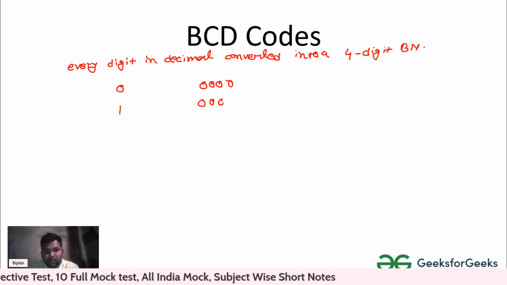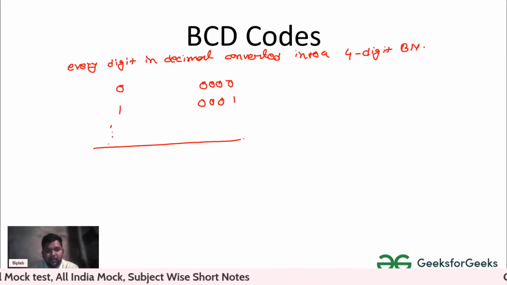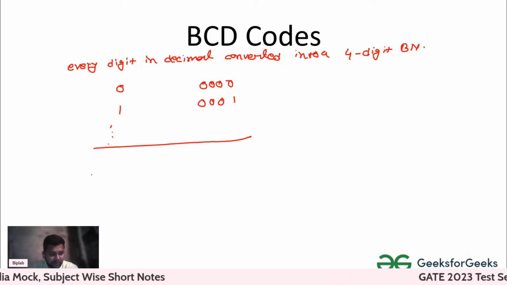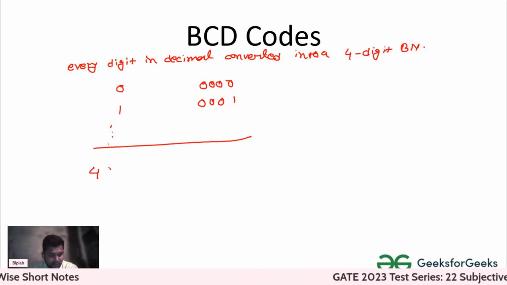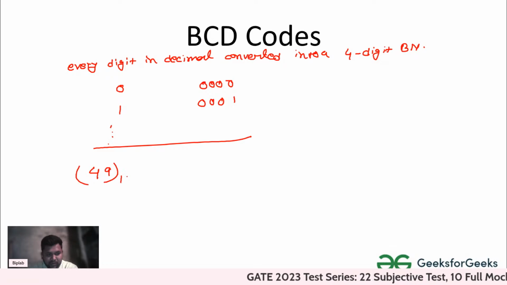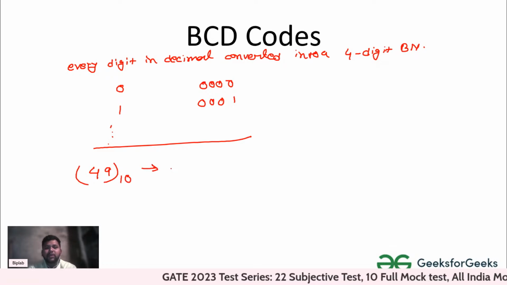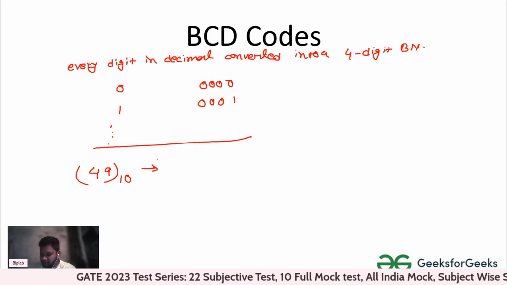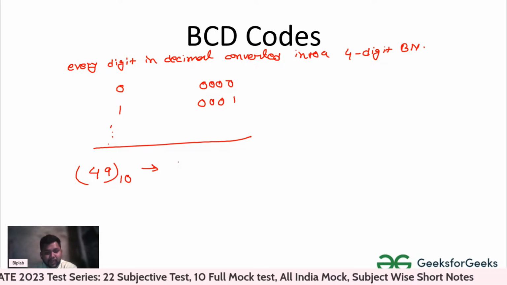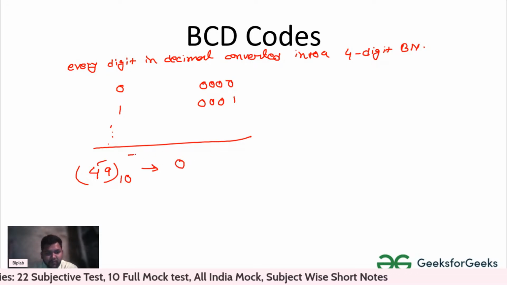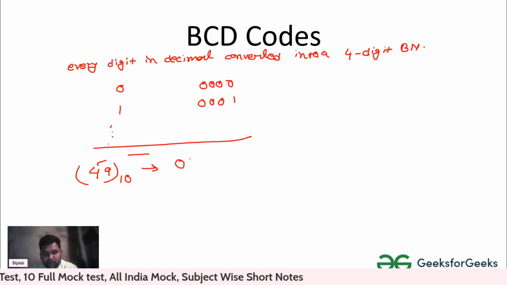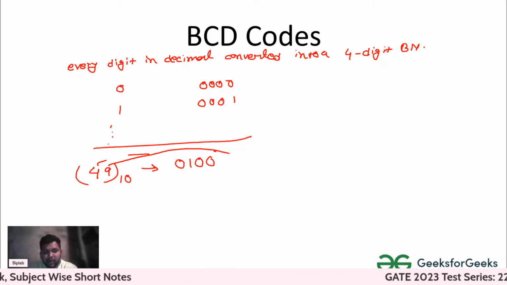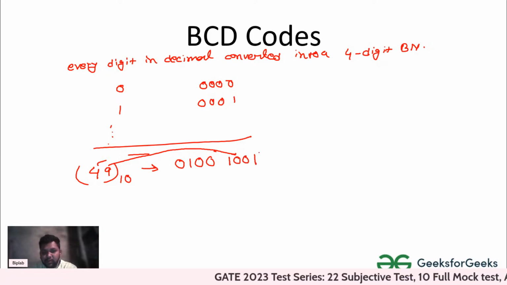When you have a mixed number, let's say 49 in base 10, you have to convert it into binary, but in BCD code. How will you do it? You will convert 4 into a 4-digit number, that is 0100, and you will convert 9 into a binary number, that is 1001.